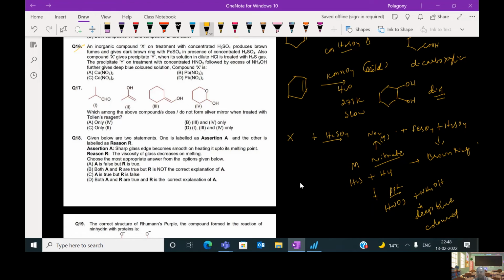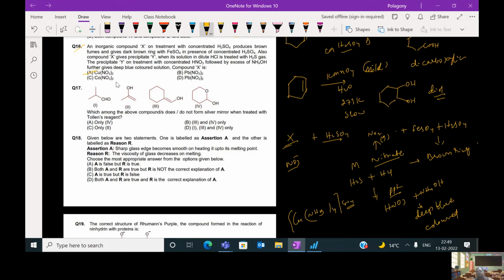So what is the compound X? The blue colored compound is tetraamminecopper sulfate solution, and X is the nitrate salt. Cupric nitrate is given in the options.